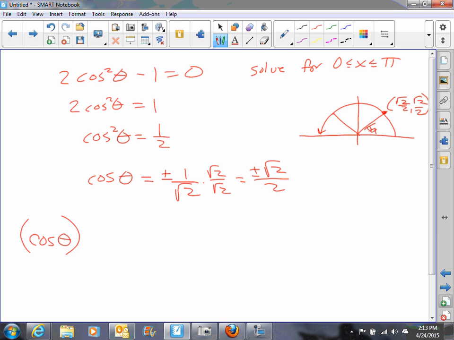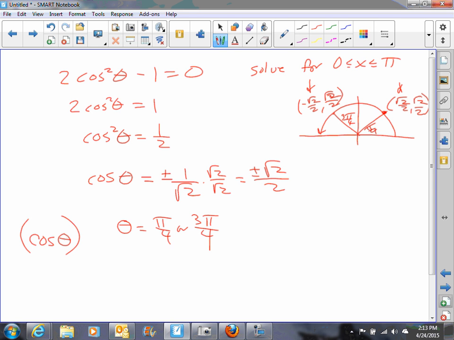And then at 3 pi over 4, we had the x value of negative square root of 2 over 2, and the y value was square root of 2 over 2. But what we want here is cosine of theta. Remember, the x in the unit circle is the cosine of theta. So we can now say that between 0 and pi, theta is equal to pi over 4 or 3 pi over 4.